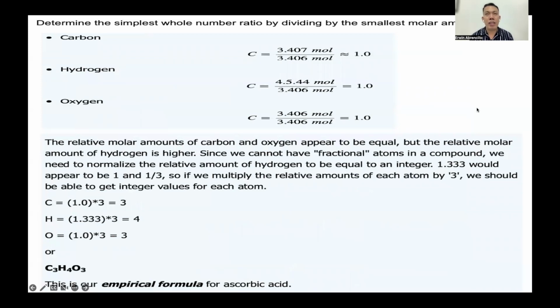The next thing is to determine the simplest whole number ratio by dividing by the smallest molar amount. The smallest molar amount is 3.406. So divide with the smallest molar amount, and you'll be able to get 1.0.